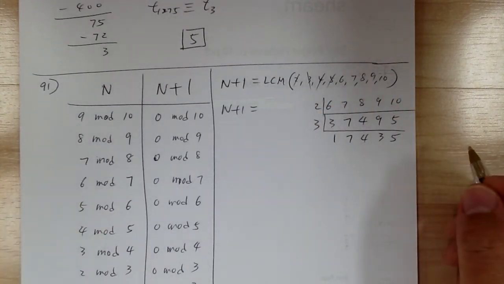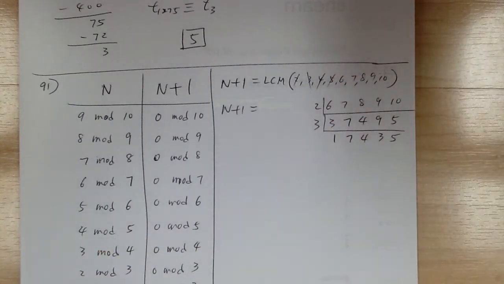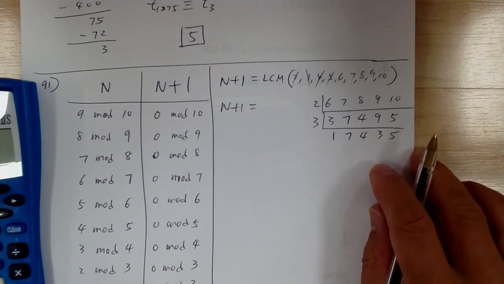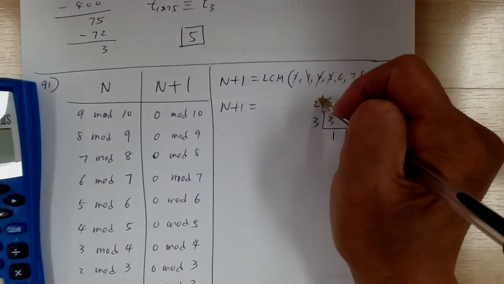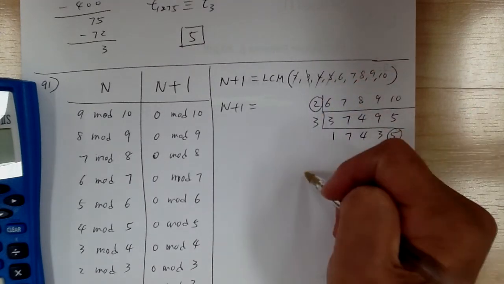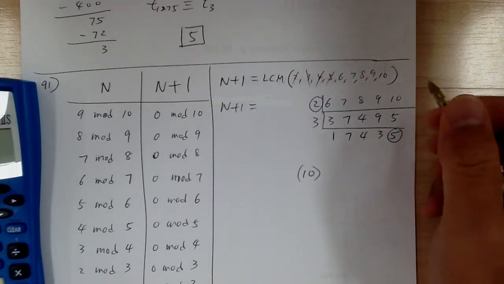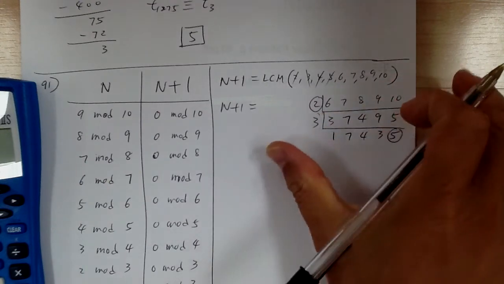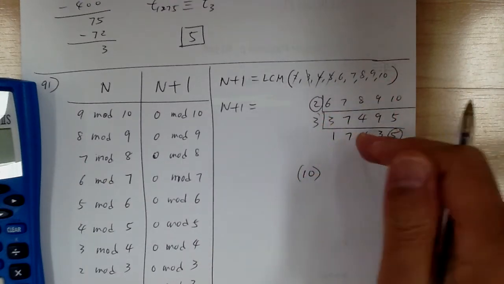So you just multiply all this together. Now when I multiply this, you can use your calculator, okay? It's quicker. But if you don't have a calculator, or if you're not allowed a calculator in the tournament, in the competition, then what you want to do is make a 10. So this is a 10, okay? And try to even out, so try to make the biggest number with the smallest number.